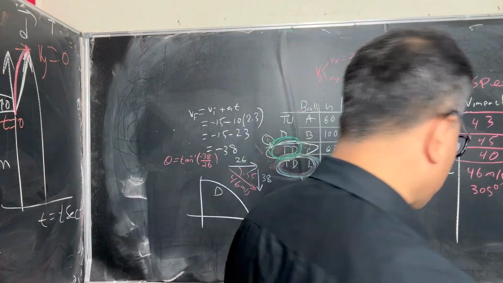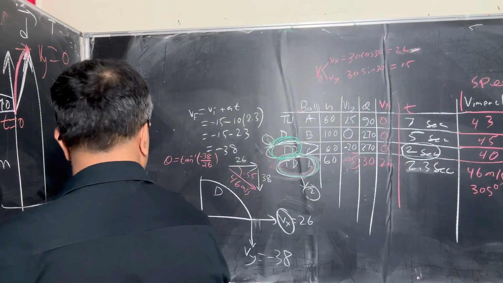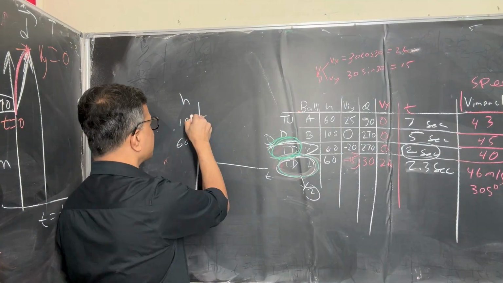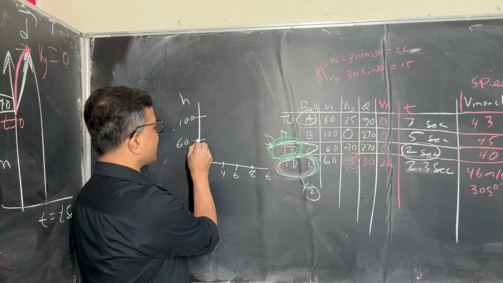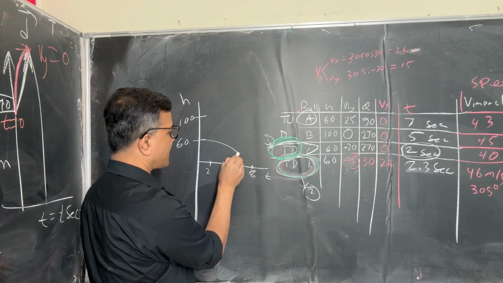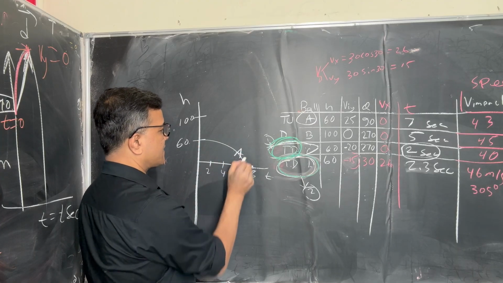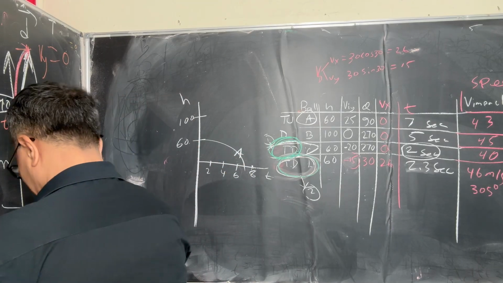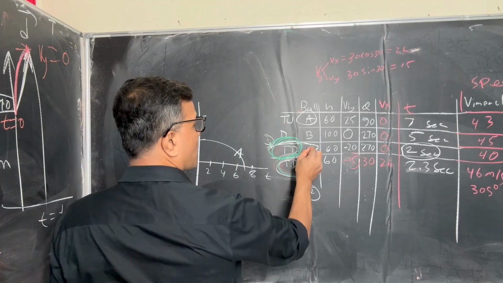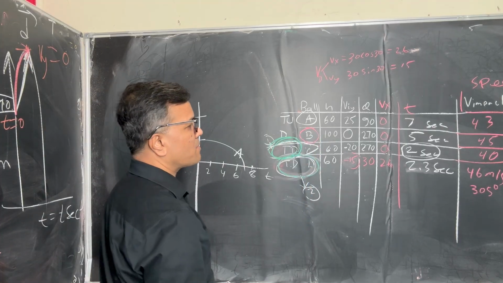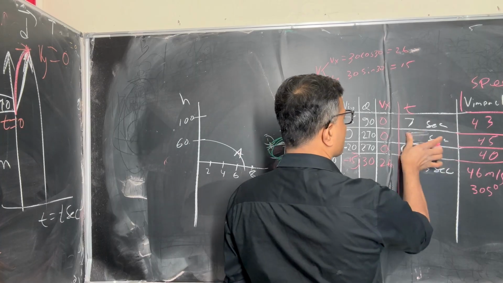I'm going to also explain something else you're probably going to see in Einstein competition. This is ball A. This is ball B. Ball B is not 5 seconds actually. Ball B is square root of 20.